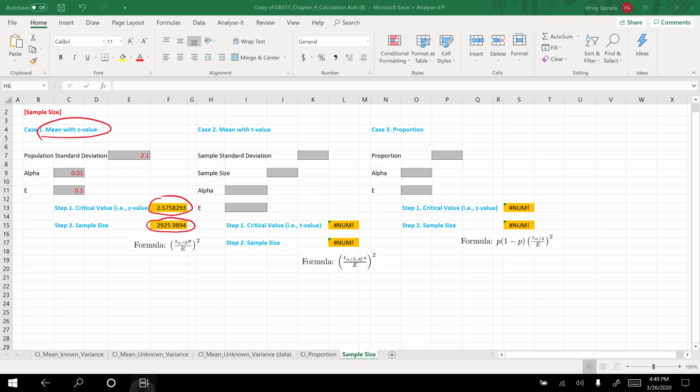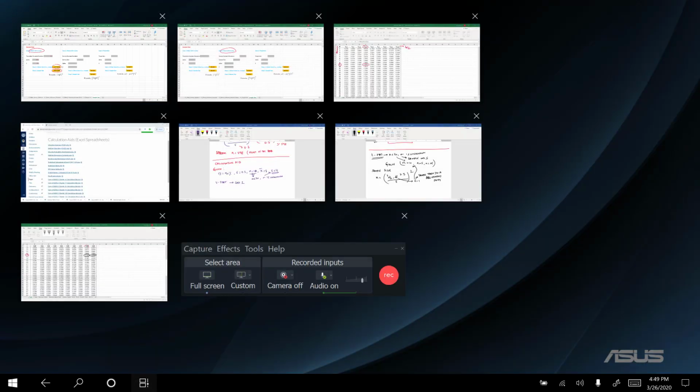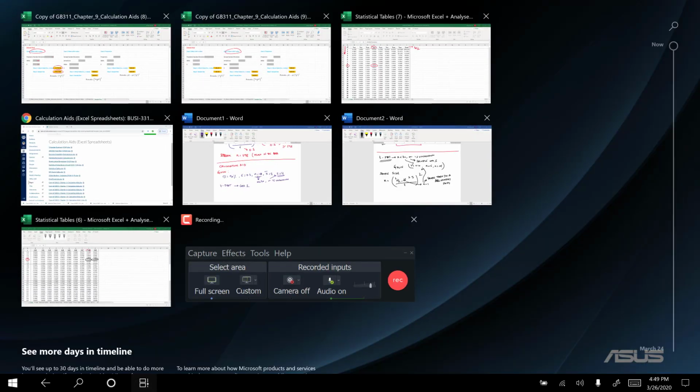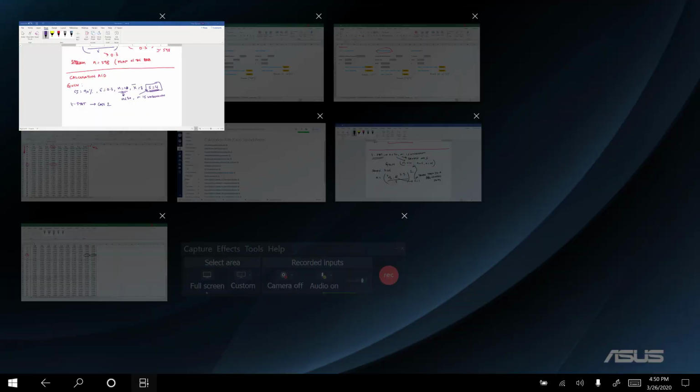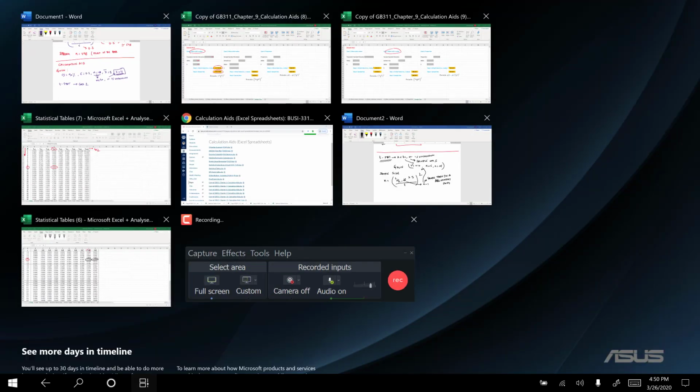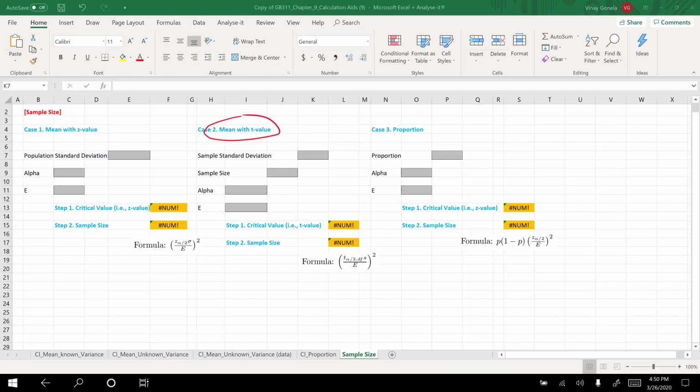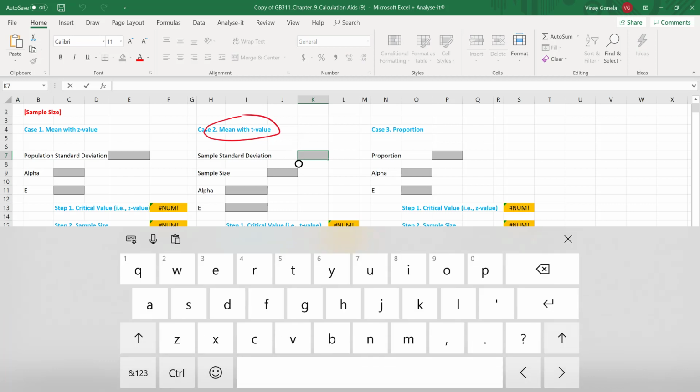I will go to our problem and look for sample standard deviation. Sample standard deviation is given as 4. So I will type in 4.